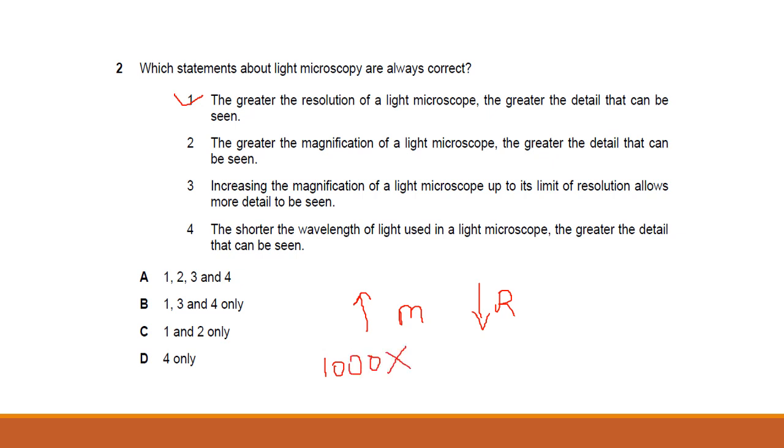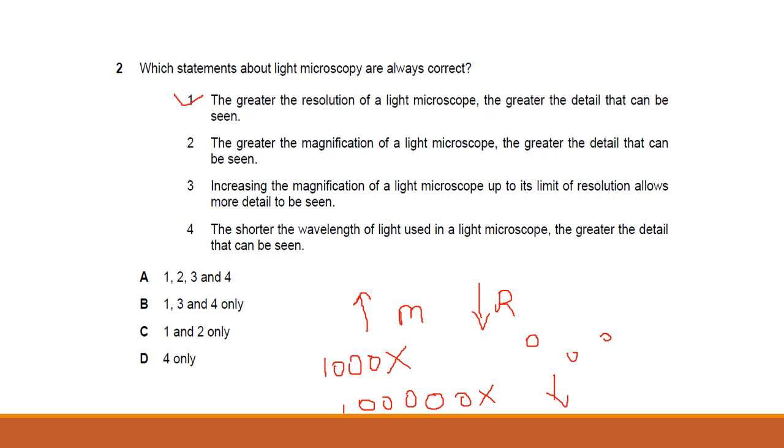I might not see big detail in terms of size, but I'm likely to see more features of the cell. So I might be able to see some of the ribosomes moving around and so on. The moment I take this magnification to, let's say, 100,000 times, what I will notice under the microscope is that the resolution is reduced, which means that the image becomes a little bit blurry.